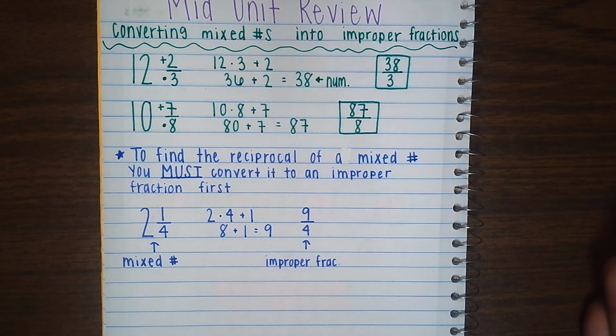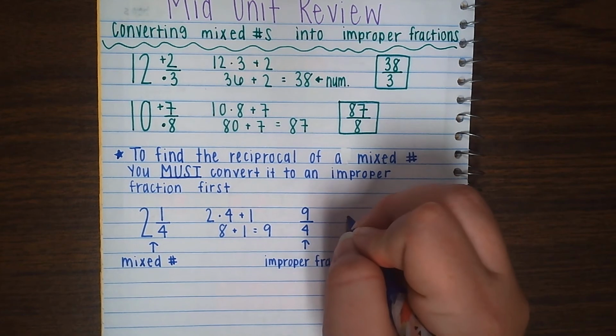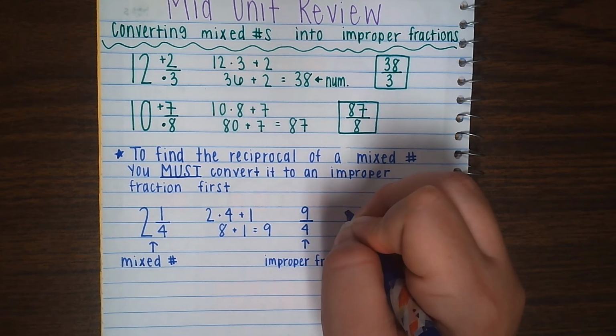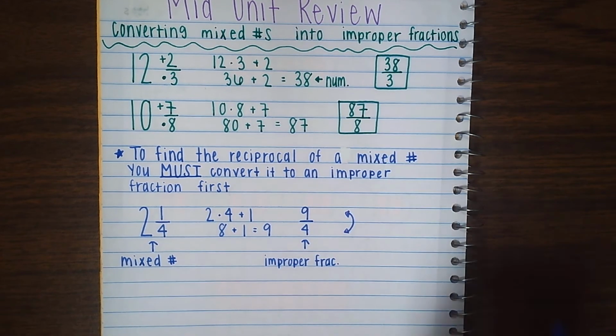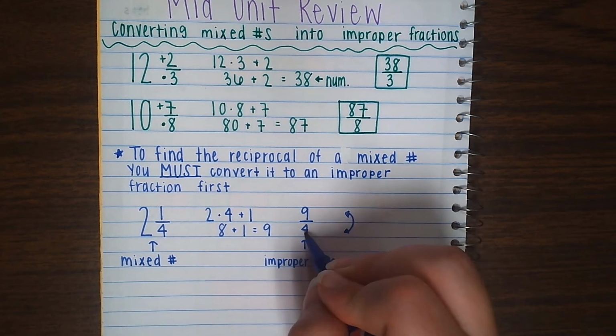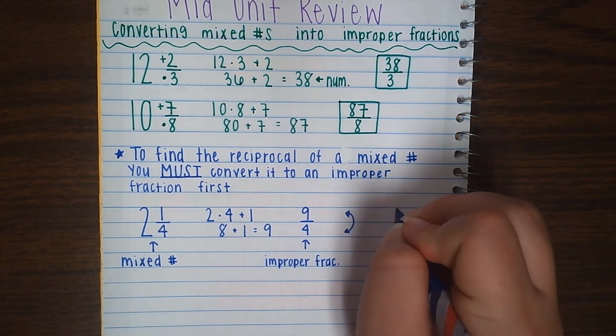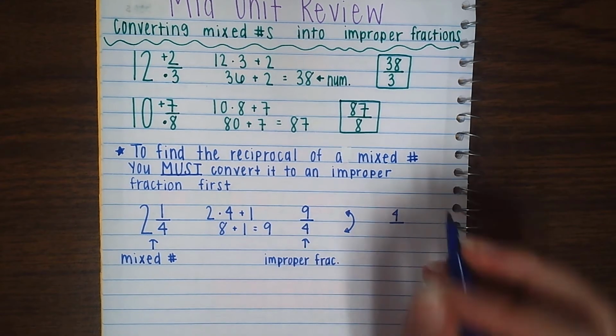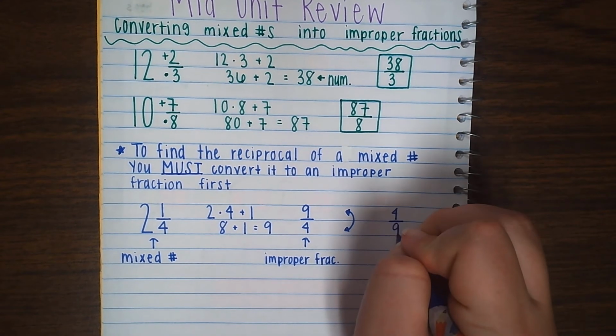Now to have the reciprocal, all that means is we're taking our numerator and our denominator and we are flipping them. So we're going to put our denominator as our numerator and our numerator as our denominator.